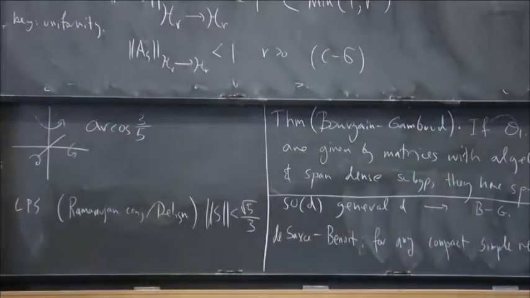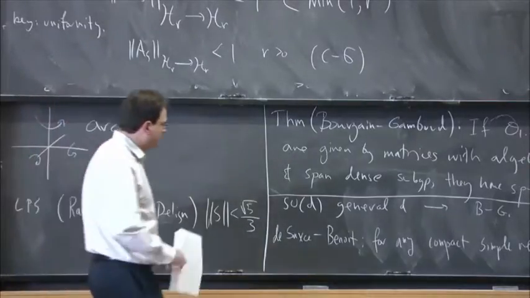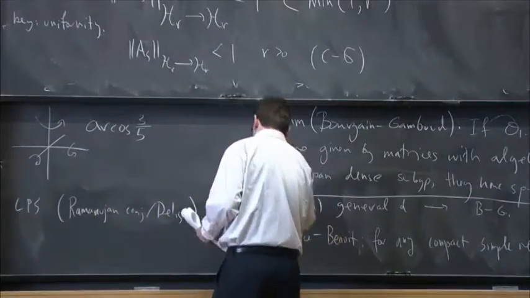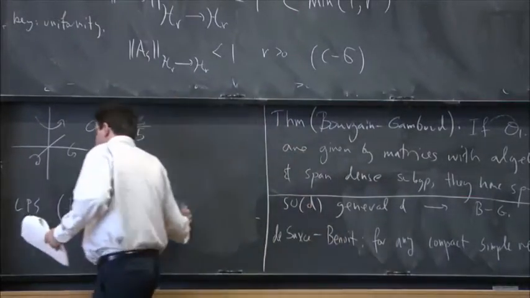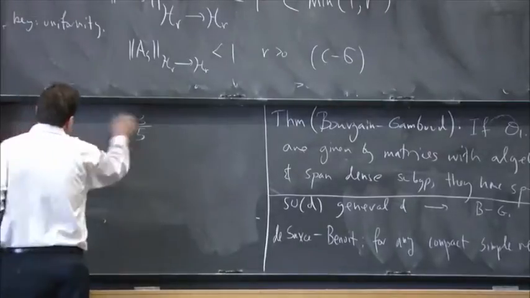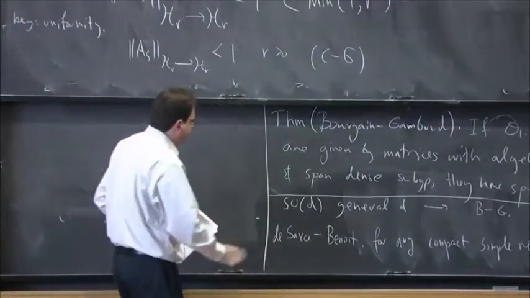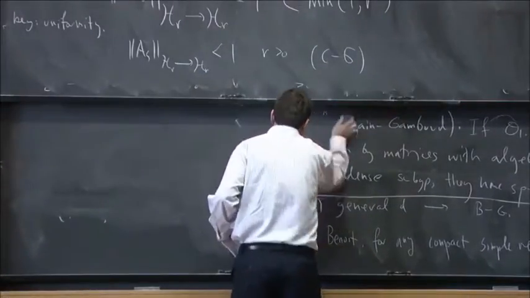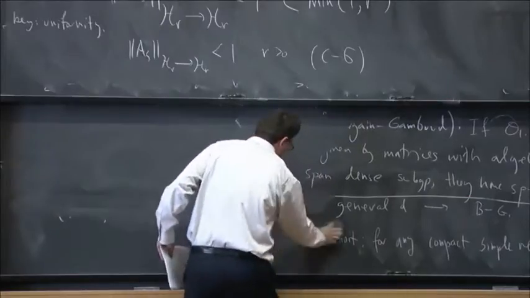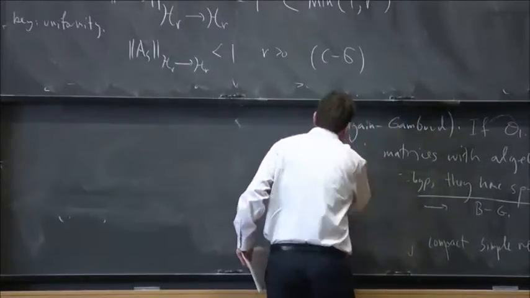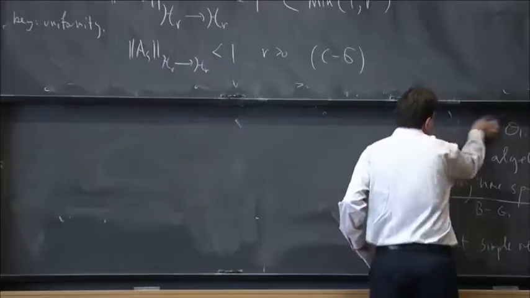Now, this uniform spectral gap estimate is a useful thing. I want to do two things. I know I won't have time for both, but I still want to give another corollary of exactly the same spectral gap estimate.